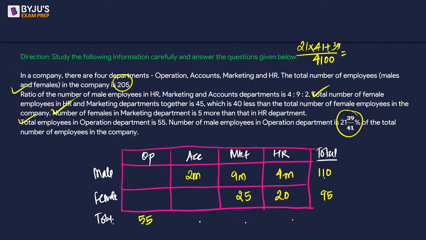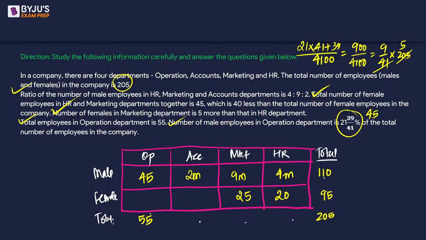This fraction is 21 into 41 is 861 plus 39. So this is 900 by 4100, which will give us 9 by 41. So 9 by 41 of total number of employees, which is 205 for us, right? So this is going to go 5 times. So 9 into 5, 45. So number of male employees in operations department are 45 people.